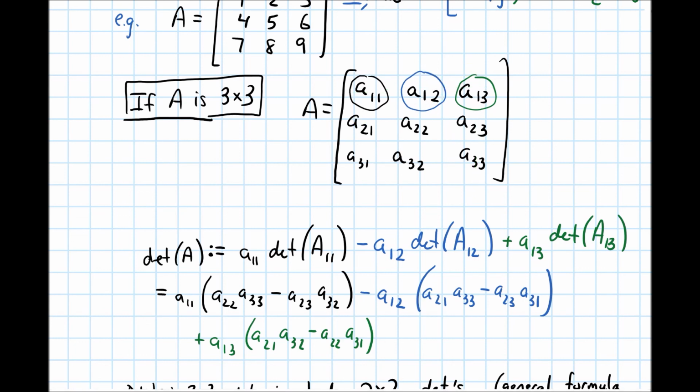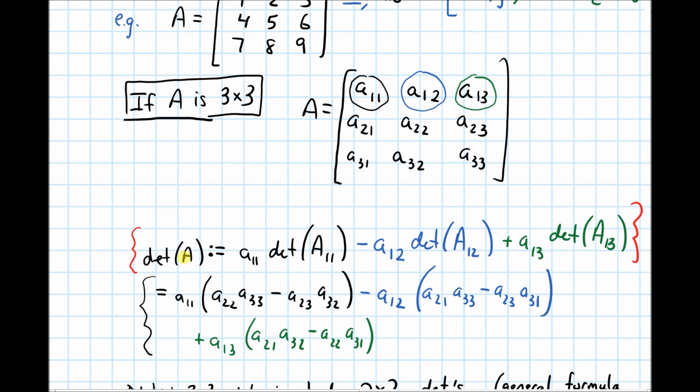Okay, so when we look at the formula that we worked out and got here, this is not that great in terms of how it looks. It's hard to memorize, but the earlier formula that we had in the previous step is very systematic. It's what's called a recursive formula.